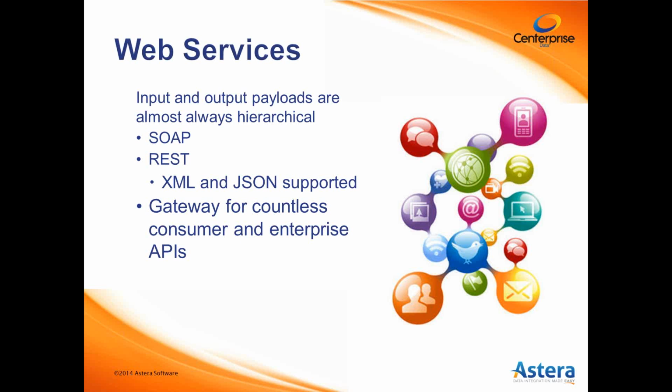Web services are Centerprise's gateway for countless consumer and enterprise APIs, from Twitter to Google to Yahoo, and even intra-business APIs, whether it be SOAP or RESTful web services. You can consume them via Centerprise. We'll take a look at what those look like in the product.